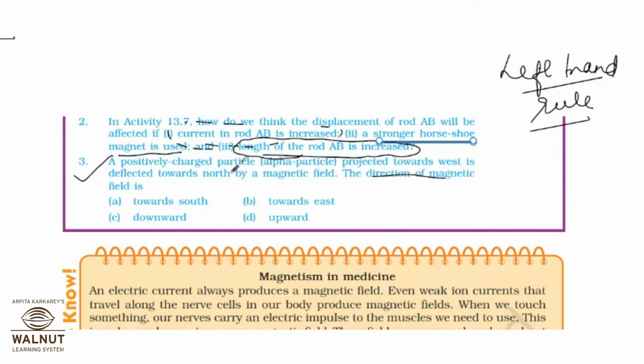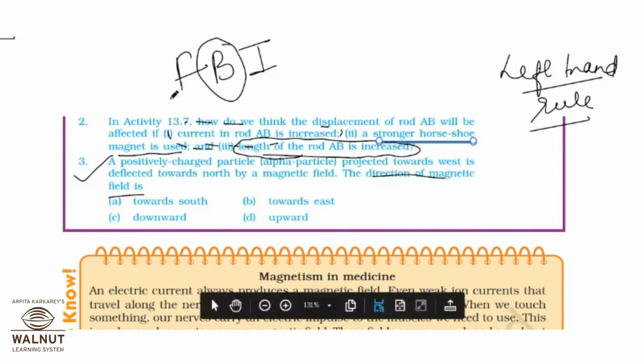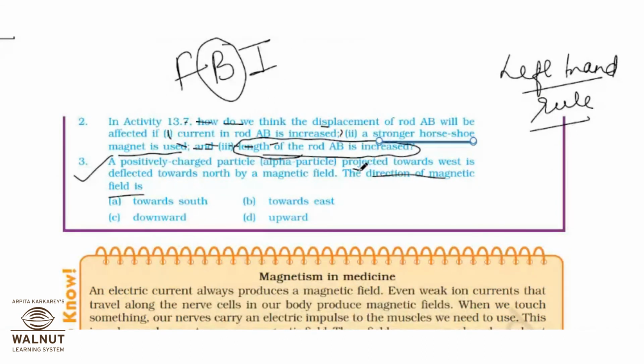Now, what all things are given to you? You know this FBI. Let us take the things that are given to us in the question and what we have to find. They are telling us to find the direction of magnetic field. That means which thing is not given in the question out of FBI? Yes, B. So this is something which I need to calculate. That means F and I should be there in the question. See, it is projected towards west. Is this the value of force or the value of current?